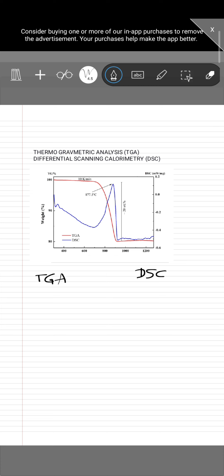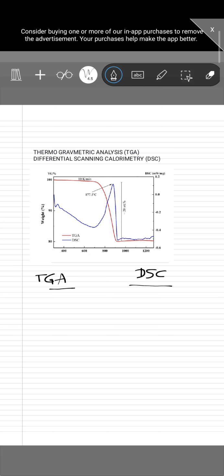The instrument which is used usually has both the facilities of TGA and DSC. But although they are both thermal analysis, there is a slight difference between these two methods, the requirement of these methods, and in which condition these methods are used.